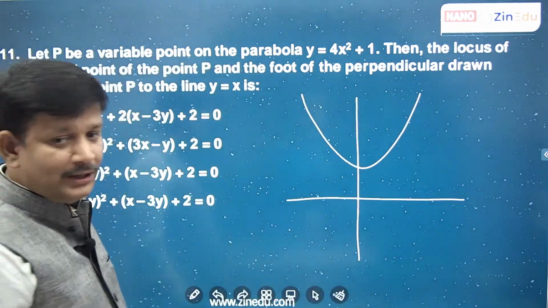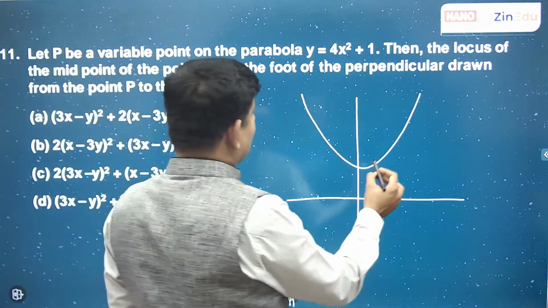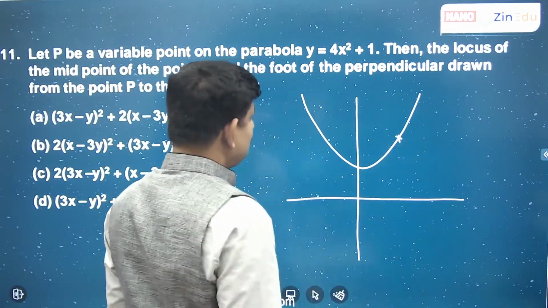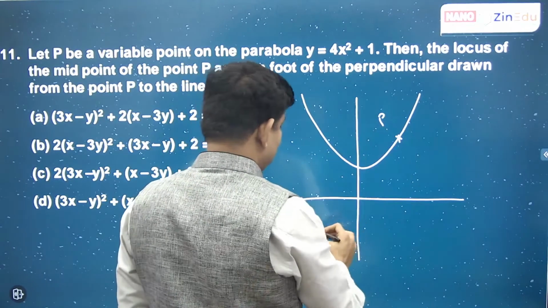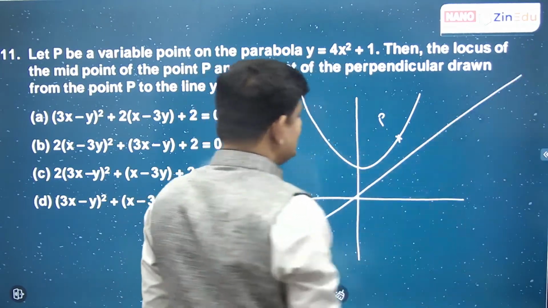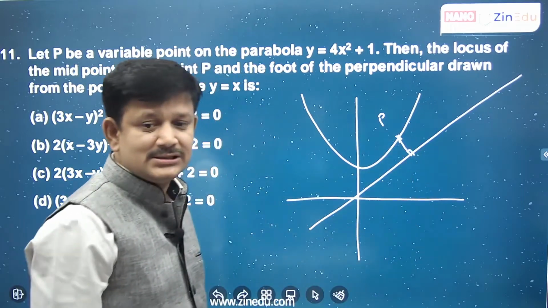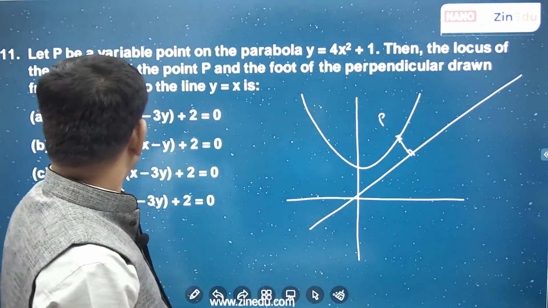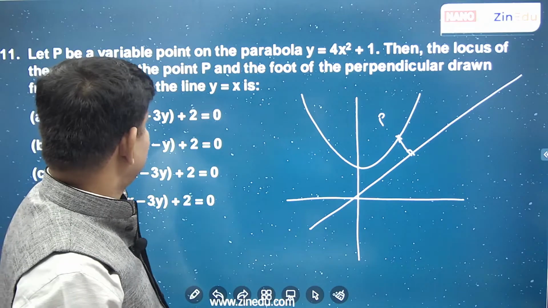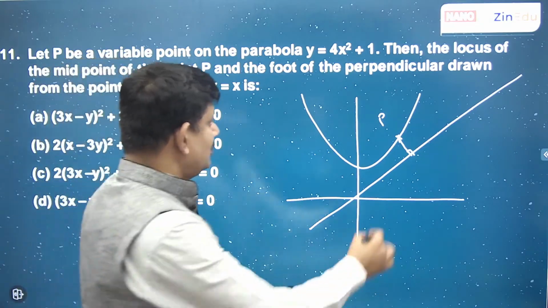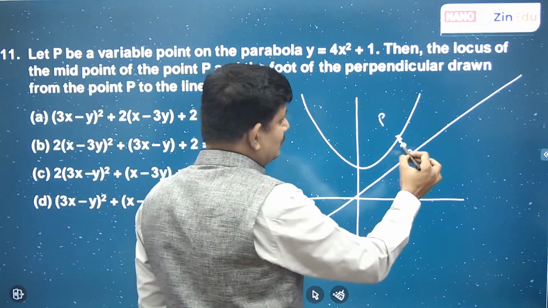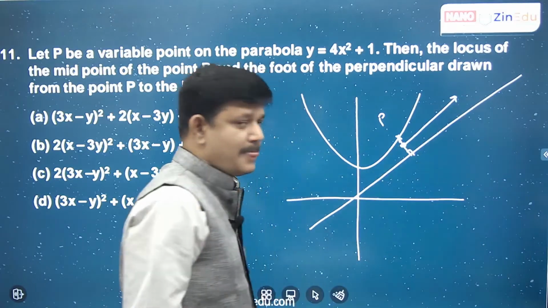Upward parabola with vertex at 0, 1. P is a point here. This is the line y is equal to x. From P you are dropping a perpendicular onto y equal to x, and you are focusing on the midpoint of this. You want the locus of the midpoint of this.